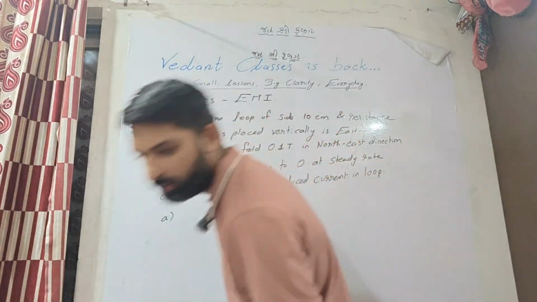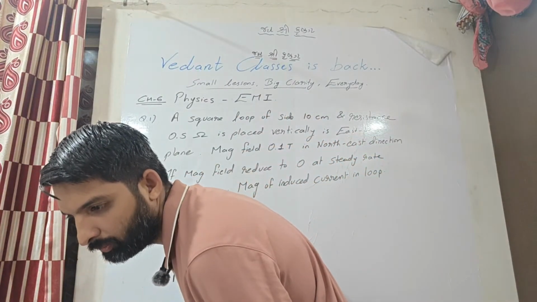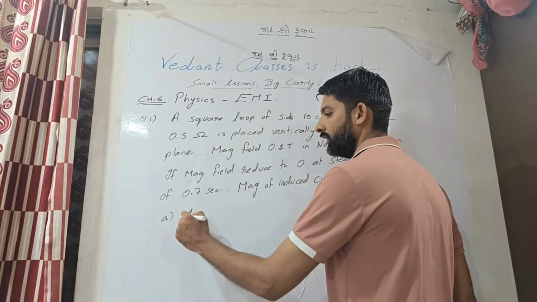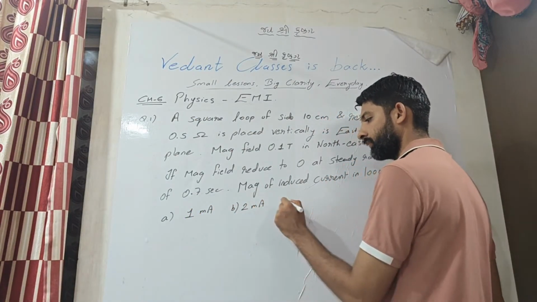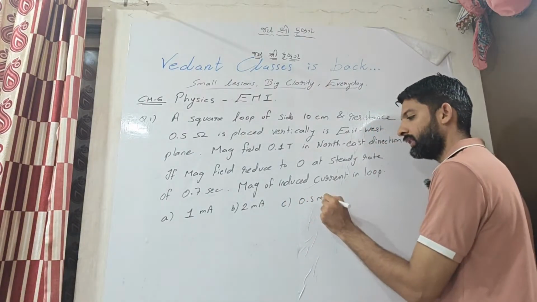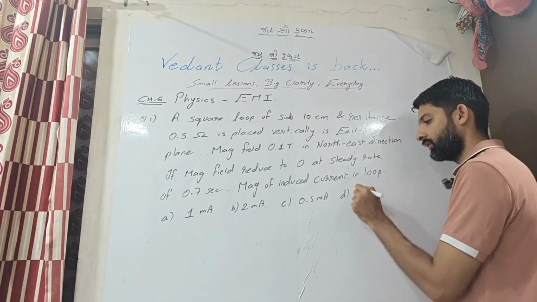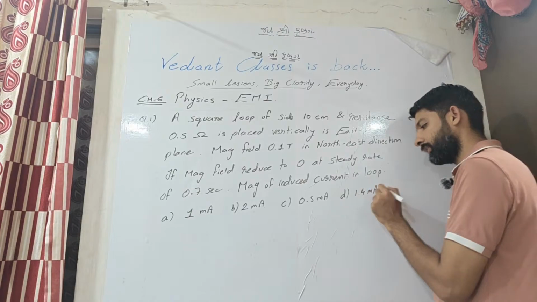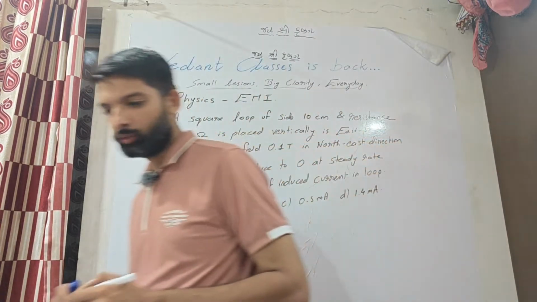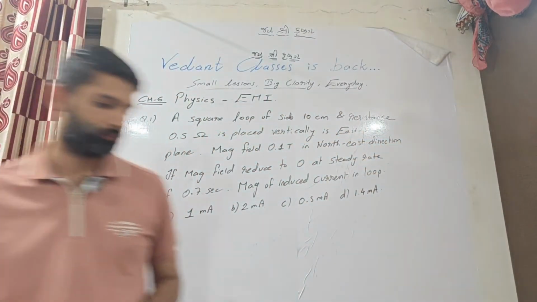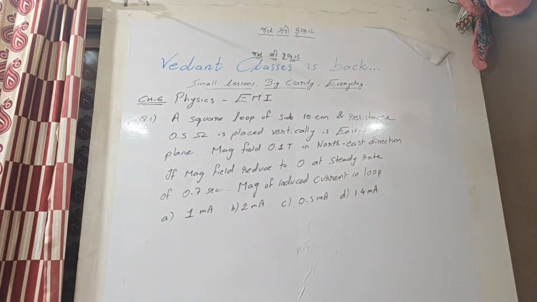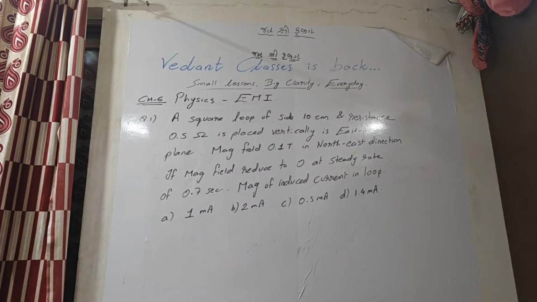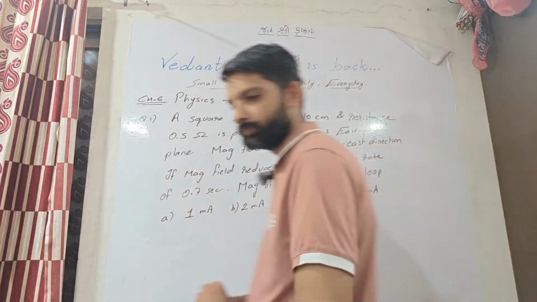Options are A 1, B 2 milliampere, C 0.5 milliampere, and D 1.4 milliampere. Okay, try to solve it out. I hope the question is visible.